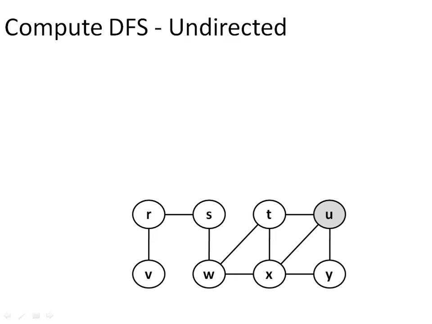So let's say this is the graph for which we have to compute DFS, and as I said, we have to maintain two timestamps corresponding to each vertex, that is D, the discovery time, and F, the finish time.